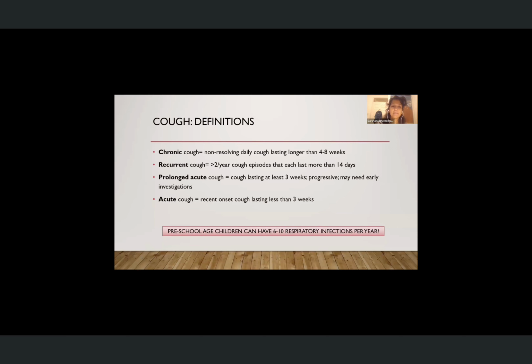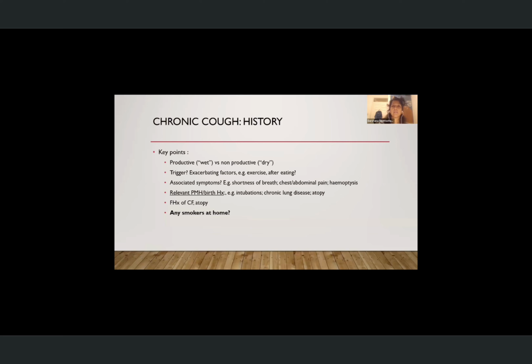So key points in the history of a chronic cough is first to try and determine, is the cough productive? Does it sound wet, or is it non-productive, that is dry? Does the cough have any trigger, such as exercise or after eating? After eating might signify reflux, and after exercise might point towards asthma. Are there any associated symptoms with the cough, such as shortness of breath, any chest or abdominal pain, or obviously, more worryingly, hemoptysis, so blood in the sputum?